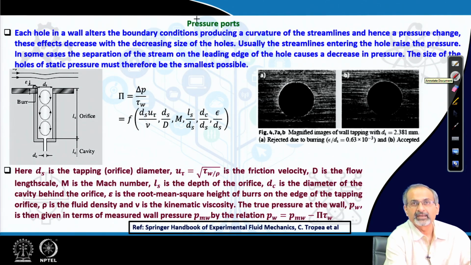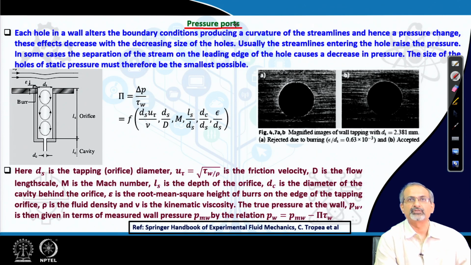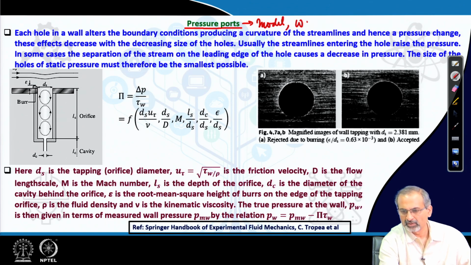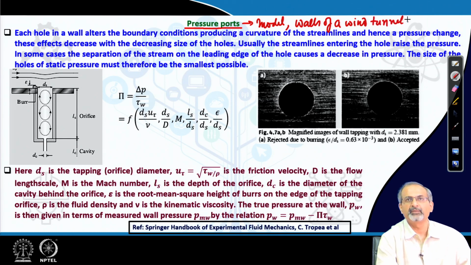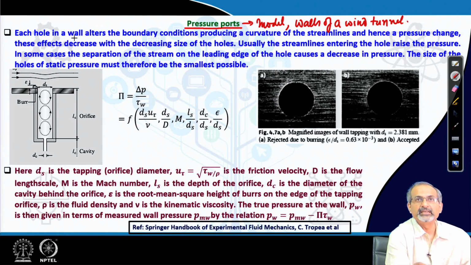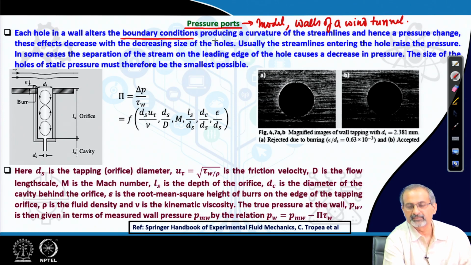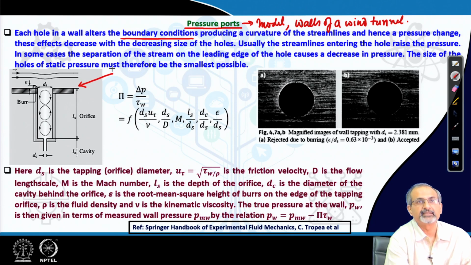A very fundamental entity in many of the aerodynamics experiments are pressure ports, which we locate on a model, on the walls of a wind tunnel, and many other locations. So, each hole, each port on the wall alters the boundary conditions of the flow, which is very well elucidated in this figure.